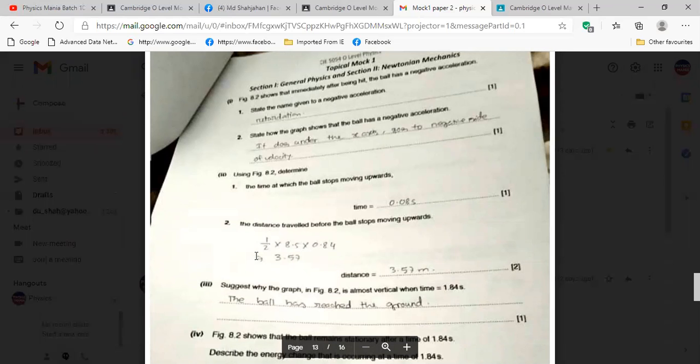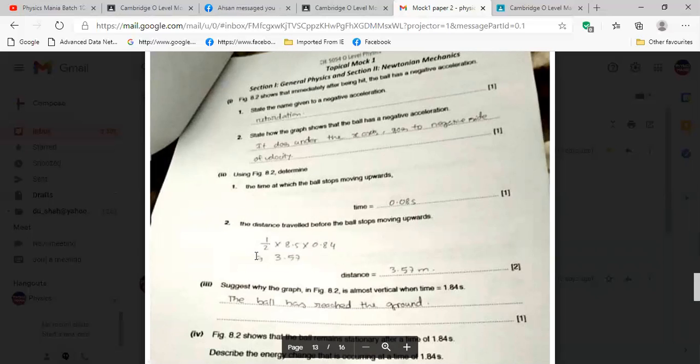Then, sir, I wrote it goes under the x-axis to the negative side of the velocity.